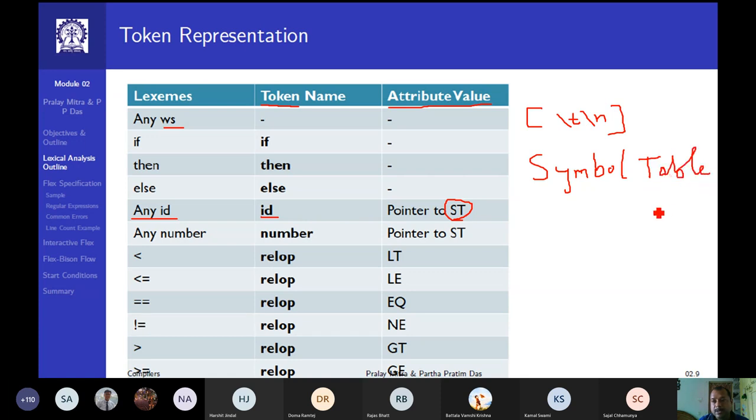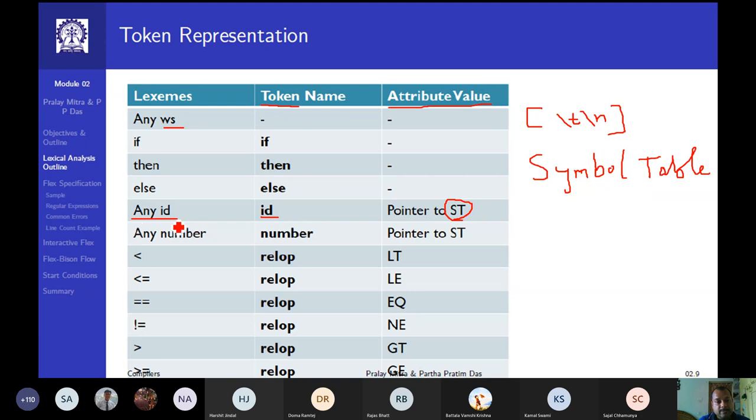You remember from the last week's theory class that finally there was one diagram which indicates that the symbol table interacts with all the modules of the compiler, starting from lexical analysis up to code generation and code optimization.